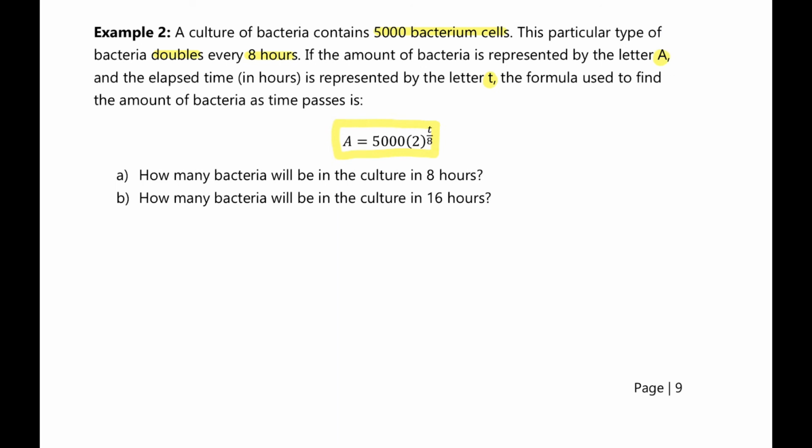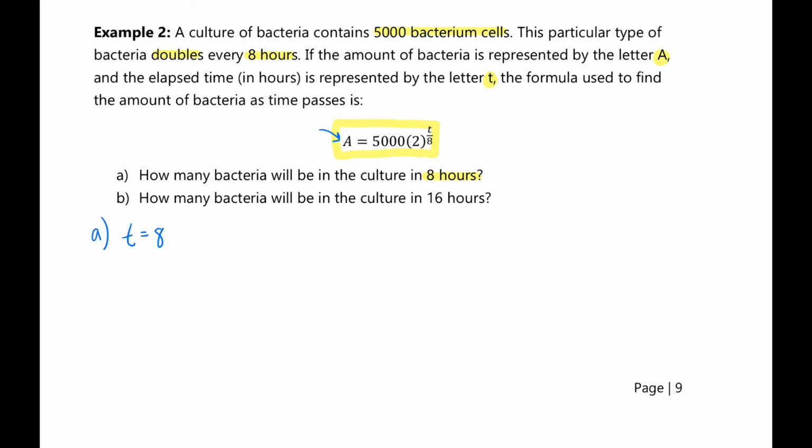Okay, so basically they literally gave us the formula. We just need to plug it in. So part A, we can just say T equals 8 hours. So we want to know how much this A, which is the amount, we have in 8 hours.